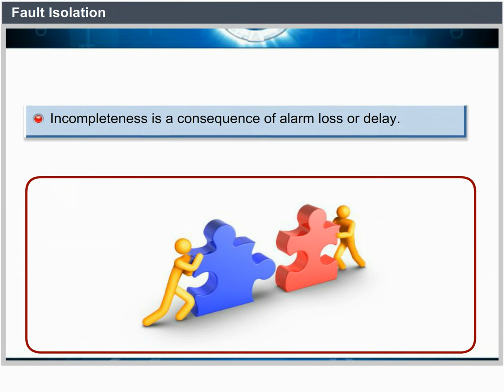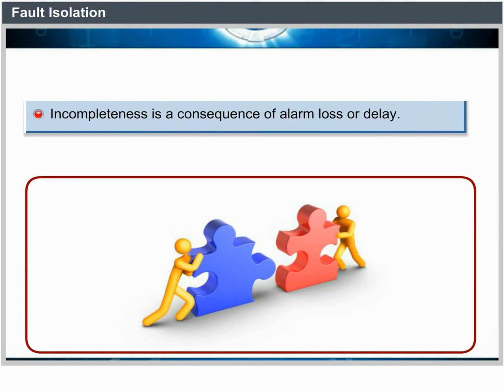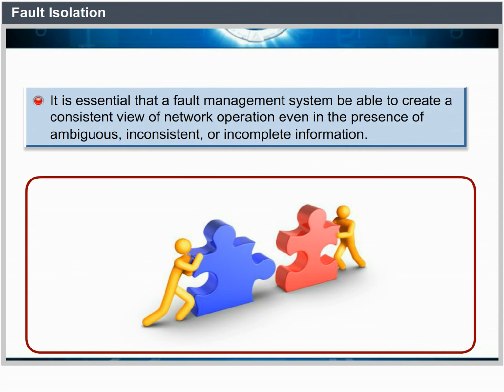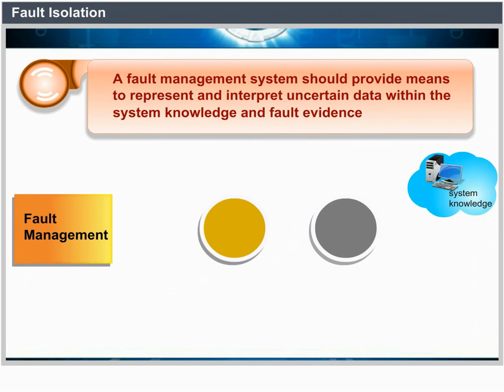Incompleteness is a consequence of alarm loss or delay. It is essential that a fault management system be able to create a consistent view of network operation even in the presence of ambiguous, inconsistent, or incomplete information. A fault management system should provide means to represent and interpret uncertain data within the system knowledge and fault evidence.